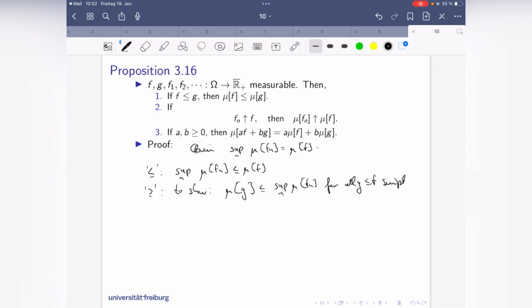And just for completeness, let's say g of omega is a sum c_k indicator of A_k, k from 1 to m. Then g is smaller or equal than f, and f_n increases to f.